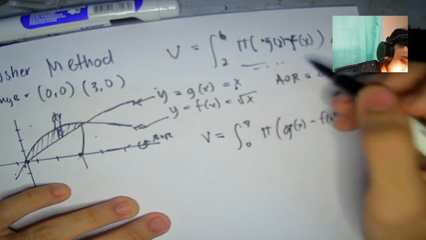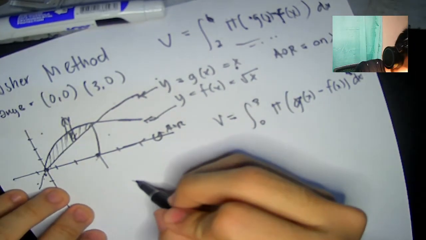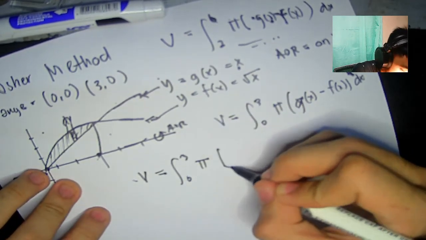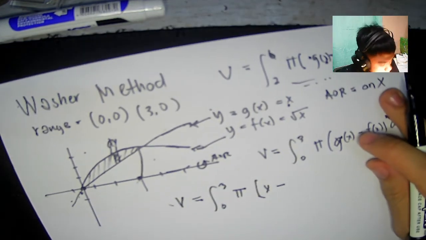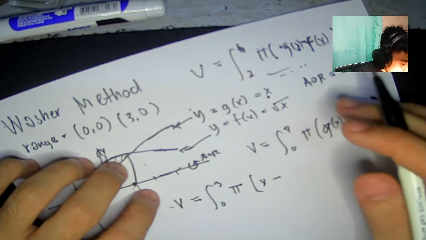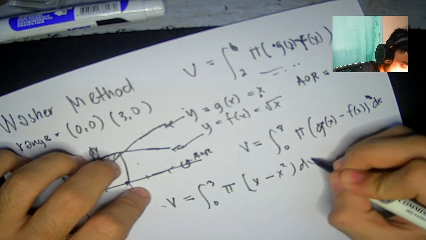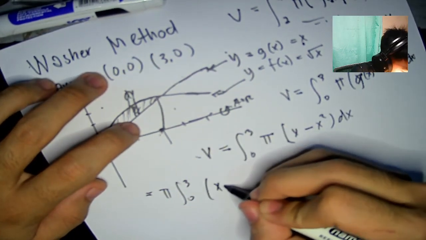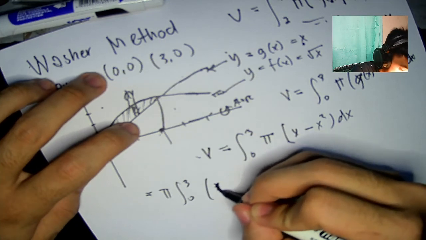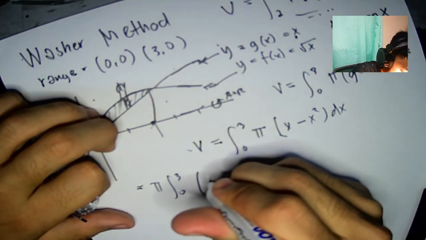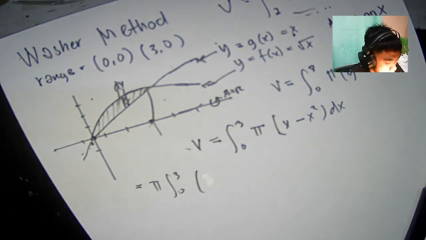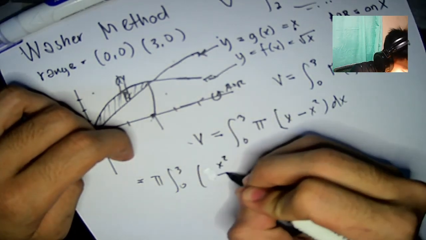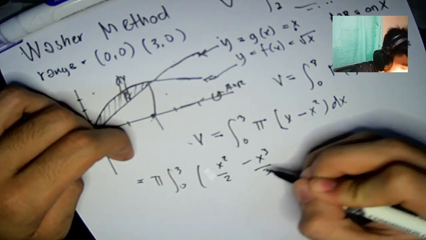We'll use this. So let's substitute. V equals the integral from 0 to 3 of pi times x minus square root of x, dx. So now let's integrate. So x squared over 2 minus x cubed over 3.